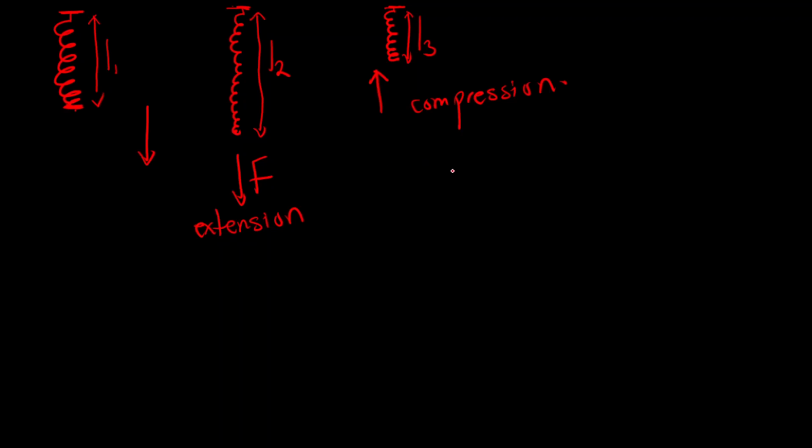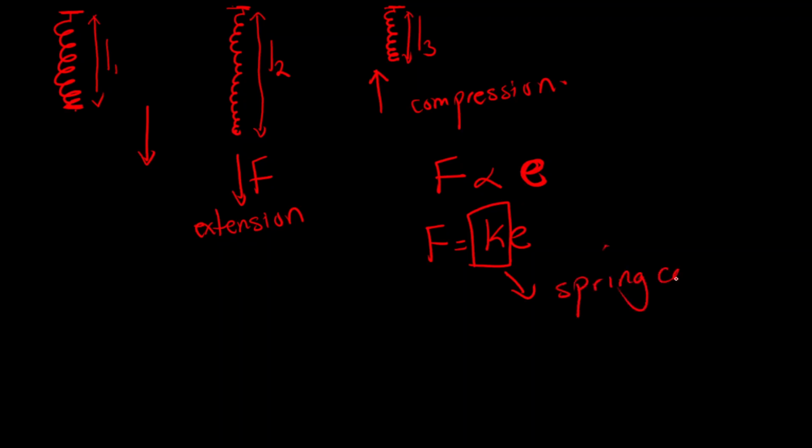So according to Hooke's law, this force is directly proportional to the extension. And then since this is direct proportion, we can write F equals KE. Now this K, people call it a spring constant.